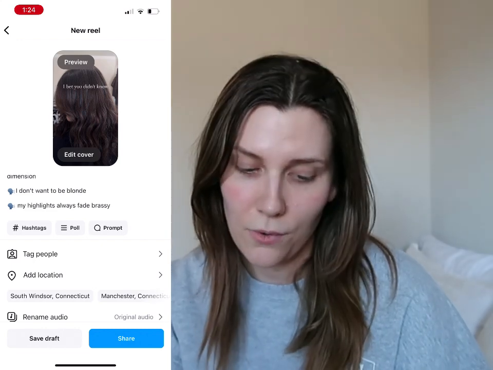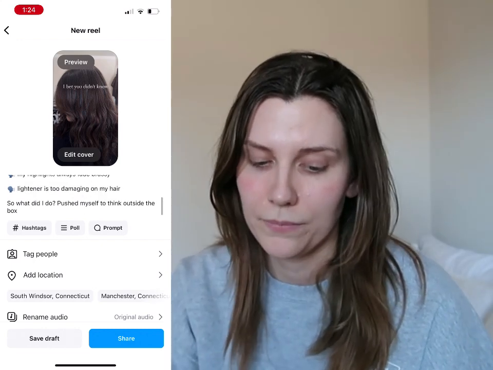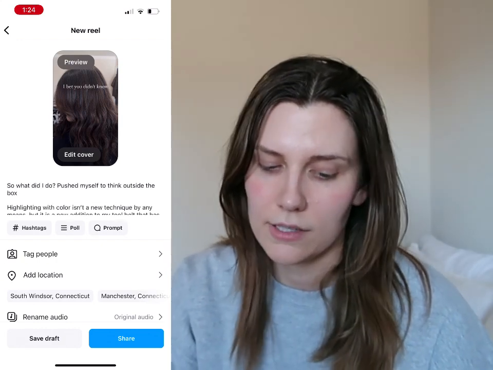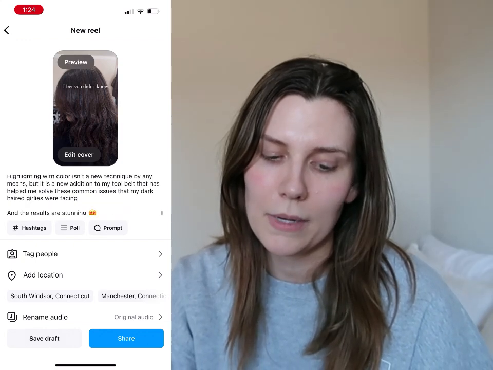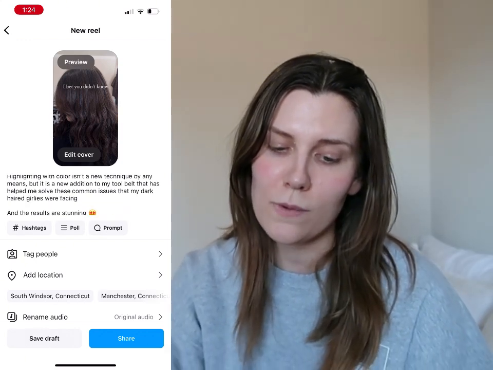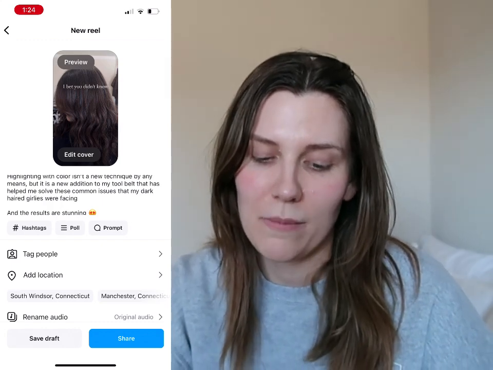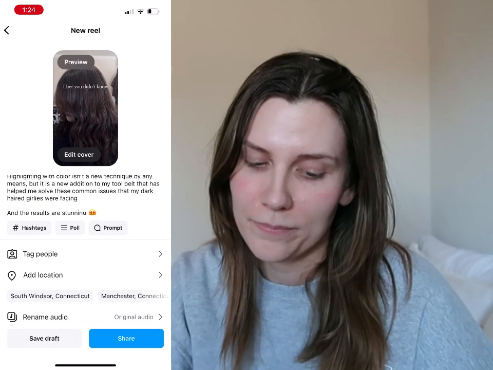My highlights always fade brassy, and lightener is too damaging on my hair. So what did I do? I pushed myself to think outside the box. Highlighting with color isn't a new technique by any means, but it is a new addition to my tool belt that has helped me solve these common issues that my dark-haired girlies were facing, and the results are stunning.